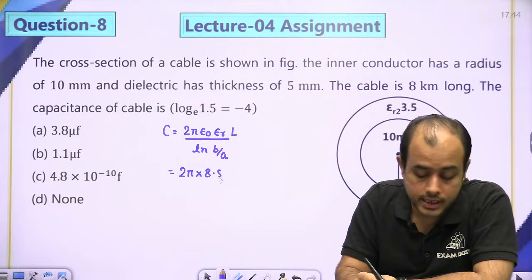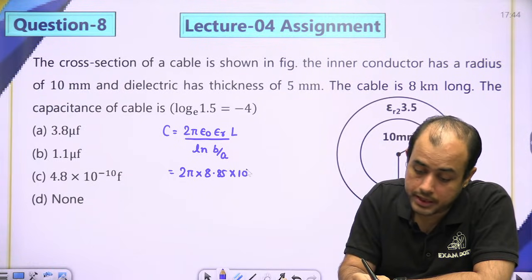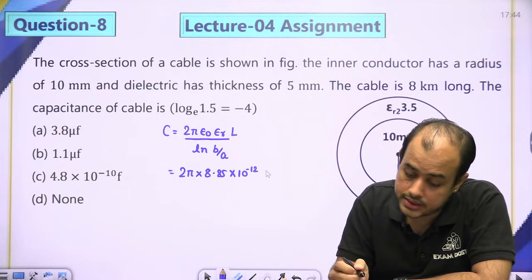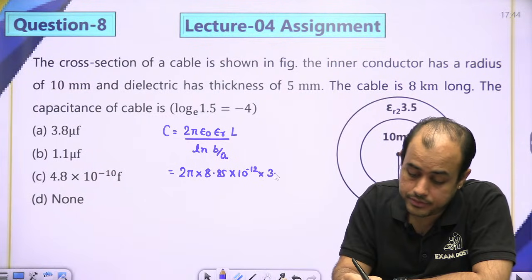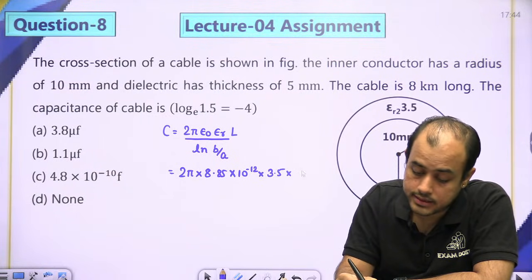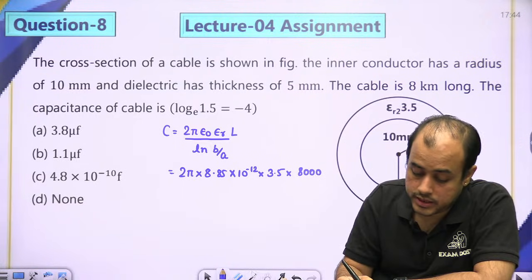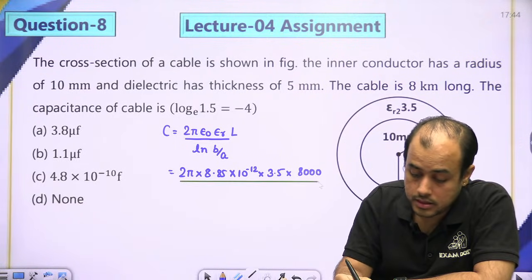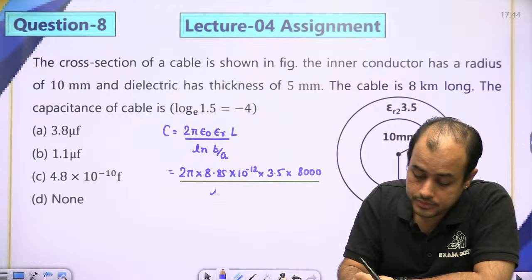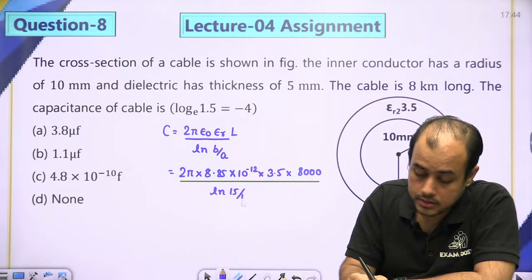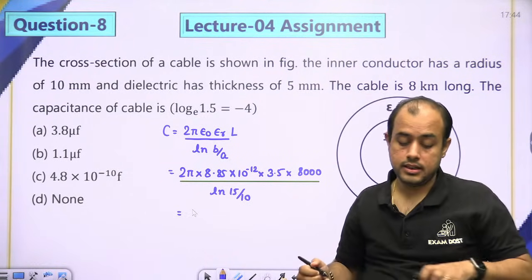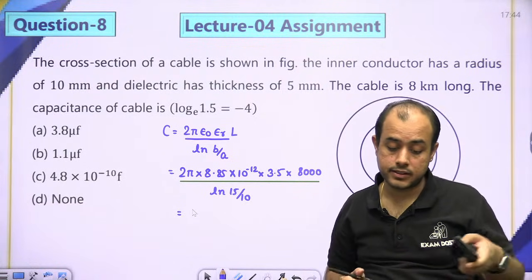Epsilon naught is 8.85 times 10 to the power minus 12. Epsilon r is 3.5. Length is 8 kilometer, so 8,000 meter. Log b by a, log 15 by 10. So log of 1.5 is 4.